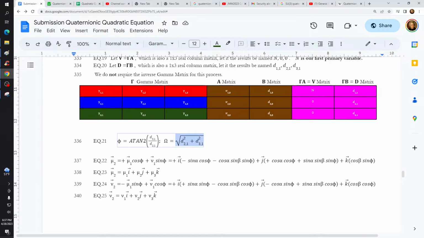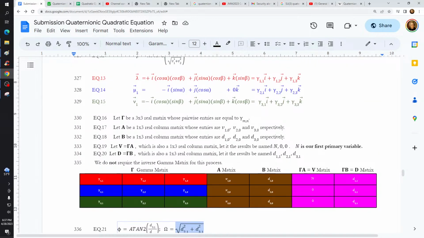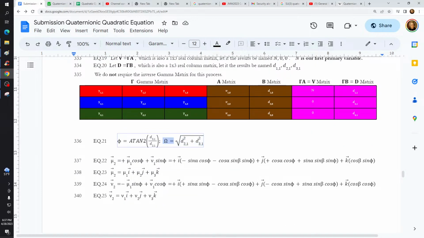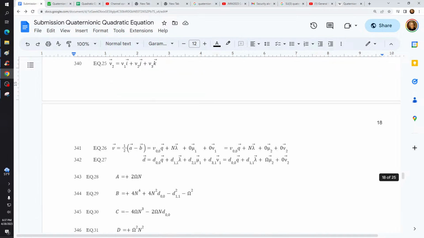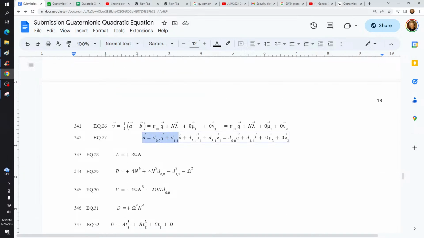We find the real number magnitude of the mu1, nu1 coordinate of D. We call that omega. Then we get the angle of that coordinate, and we rotate mu and nu, the generic axes, into the specialized axes, mu2 and nu2, allowing us to now write D as simply D1 lambda plus omega mu2 plus 0 nu2.